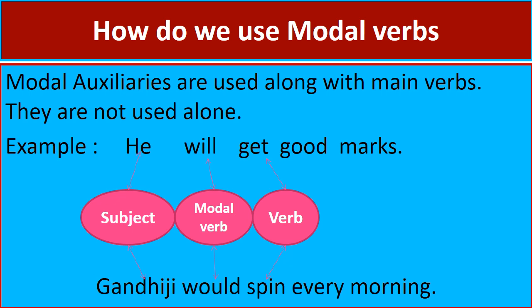And we have used will before the main verb. Let's see one more example. Gandhiji would spin every morning. So here Gandhiji is the subject, would is the modal verb, and spin is the main verb. So these modal verbs are always used along with main verbs. Please keep this in mind.